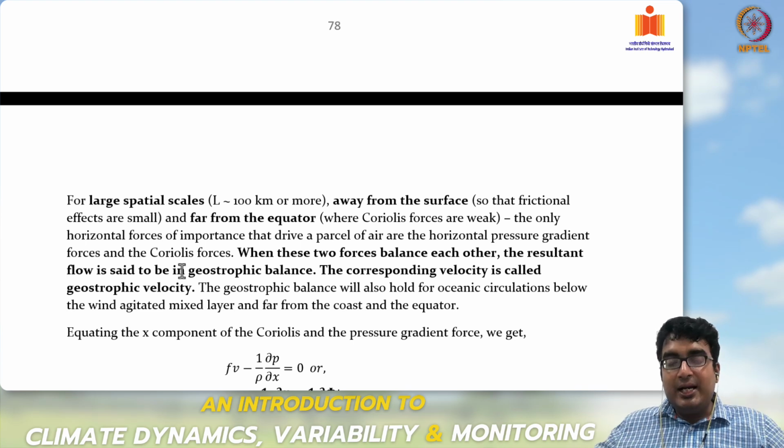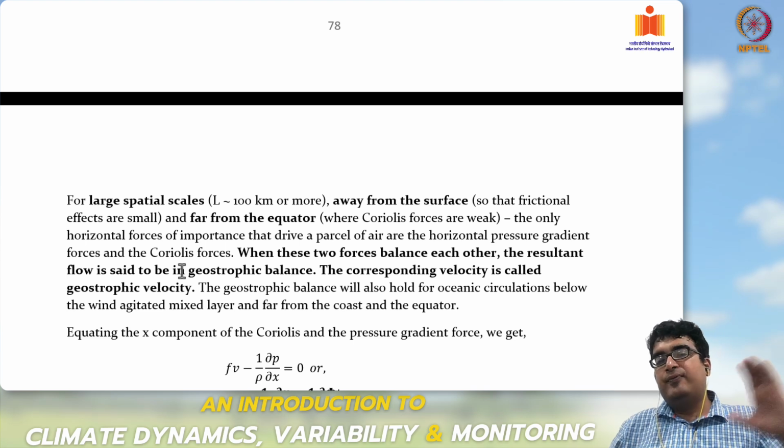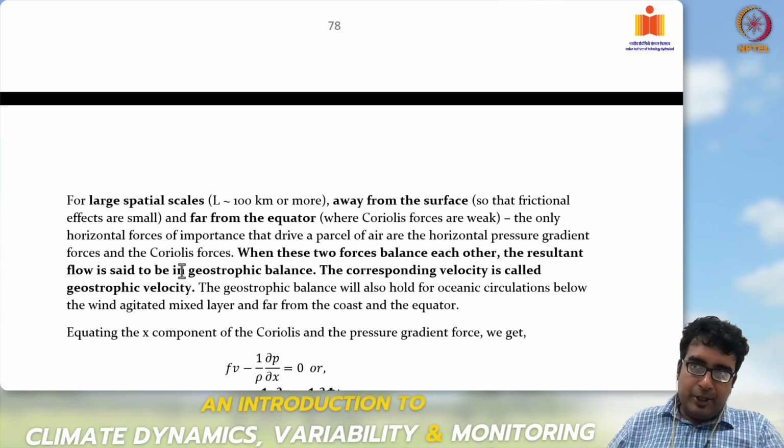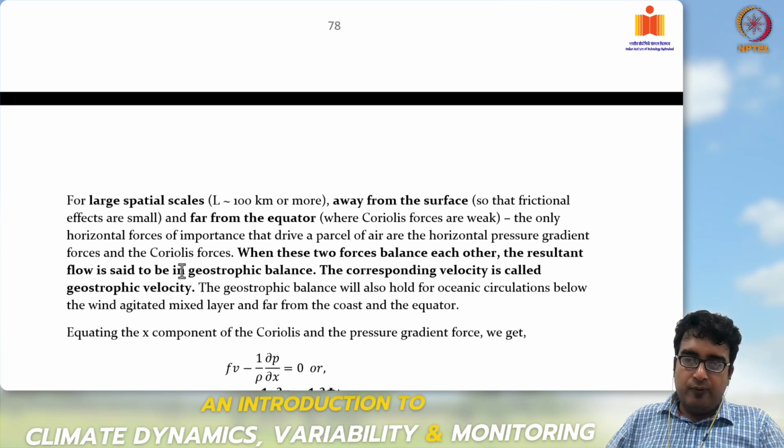So if you have a large enough spatial scale, far enough away from the equator and away from the surface, the other forces drop out and you only have the horizontal pressure gradient, which is the most important force, and the Coriolis force. So these are the only two forces of importance.